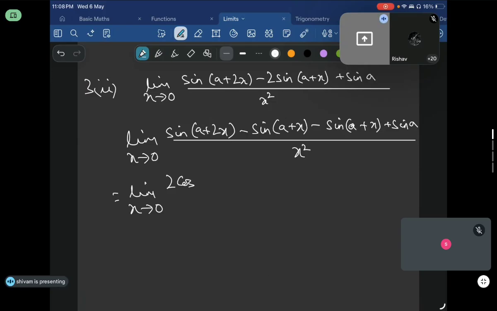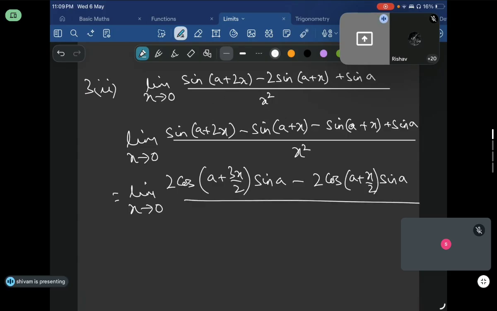This will become 2 cos a plus a, that is 2a plus 3x by 2, so that will give us a plus 3x by 2 into sine a, minus 2 cos a plus x by 2 into sine a. The whole thing is divided by x square.